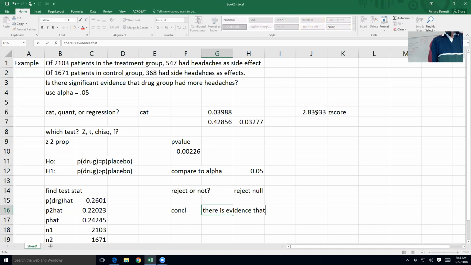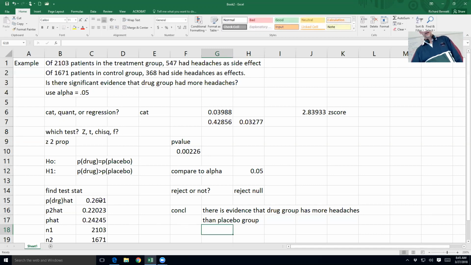the evidence that drug group has more headaches than placebo group. And we think you get 4% more headaches, right? So 26.